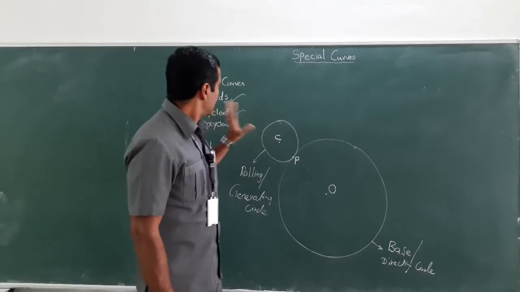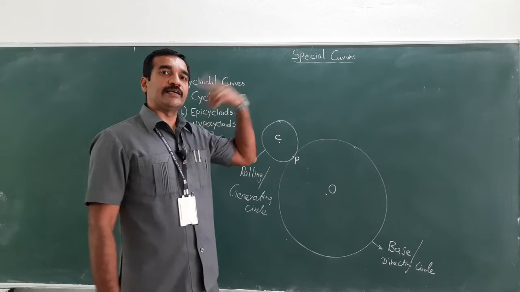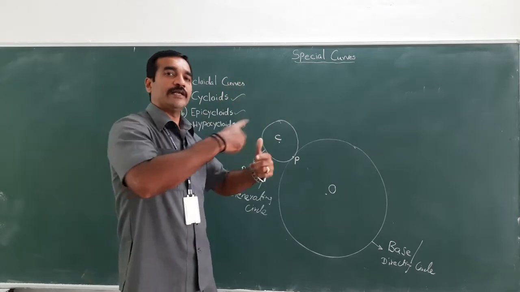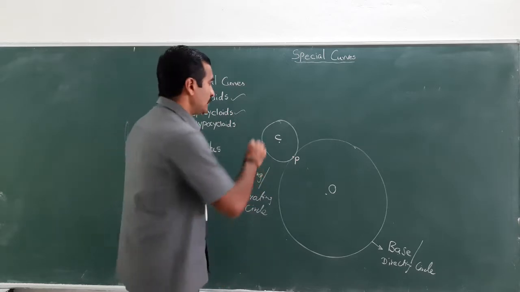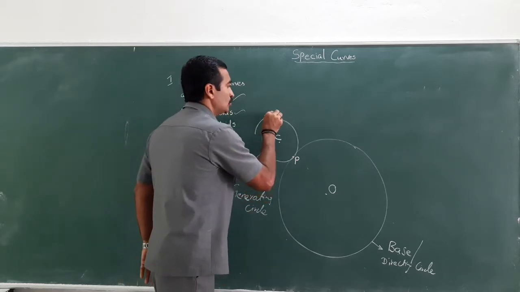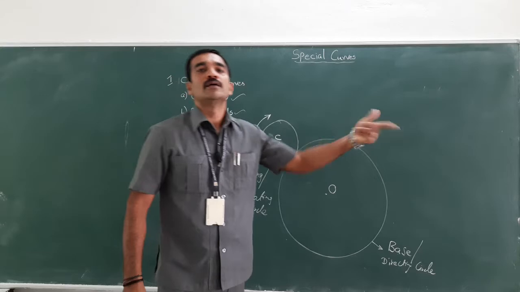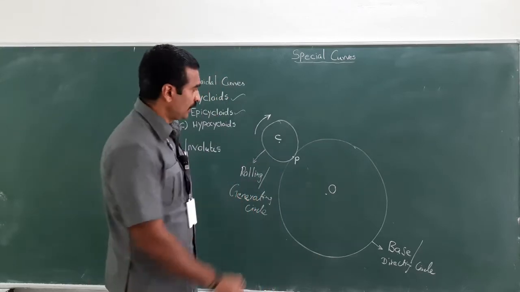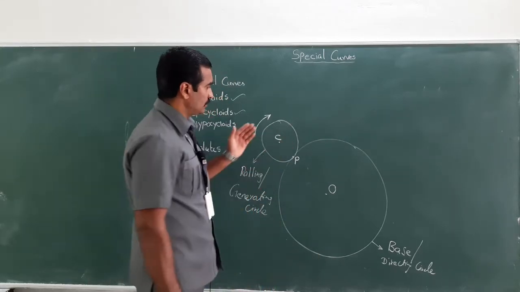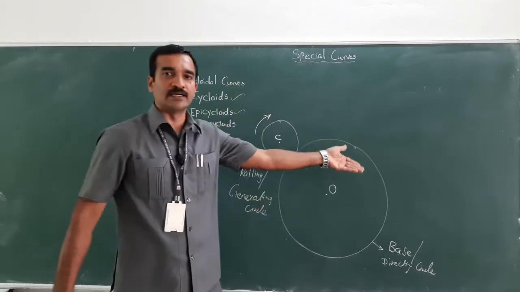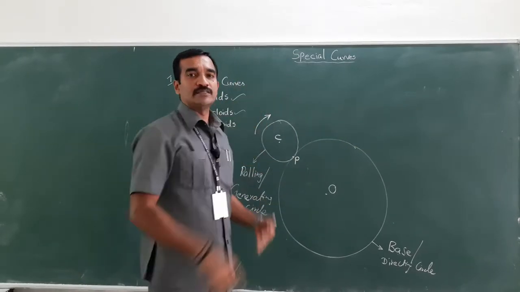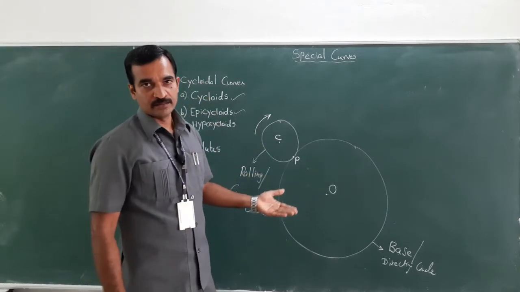See, as far as cycloid is concerned, the rolling circle started rotating in the clockwise direction. Similarly, for epicycloid also, the rolling circle tends to rotate in the clockwise direction. When the rolling circle starts rotating over the circumference of the other circle, it leaves the traces, isn't it?